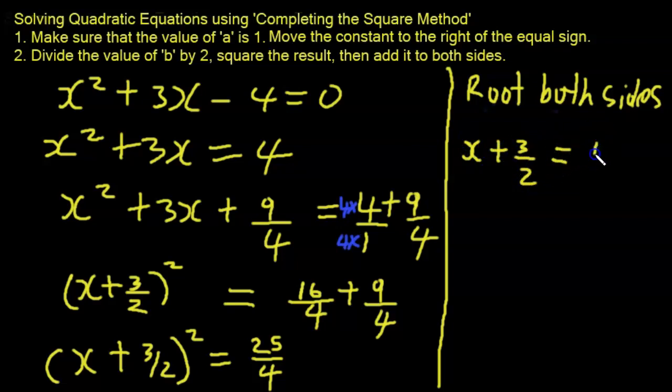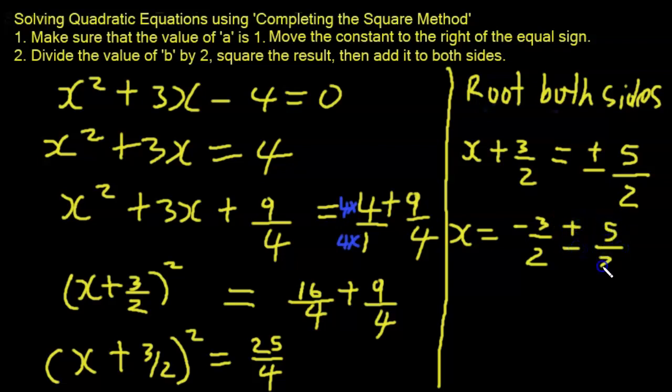So plus or minus, the root of the fraction. So the square root of the numerator, that's 5, and the square root of the denominator, that's 2. So we bring over the positive 3 over 2. So x equals minus 3 over 2 plus or minus 5 over 2.